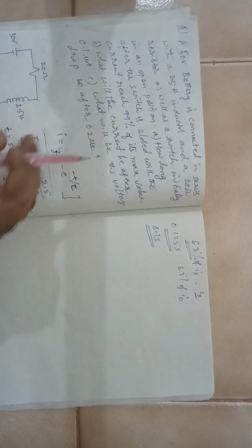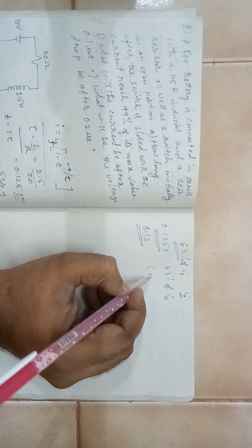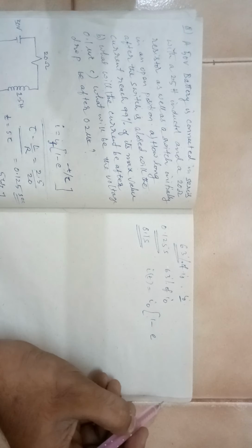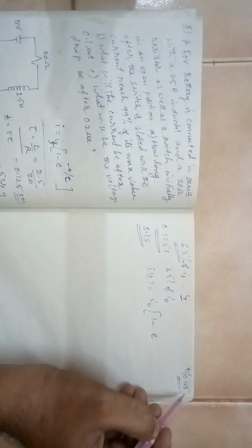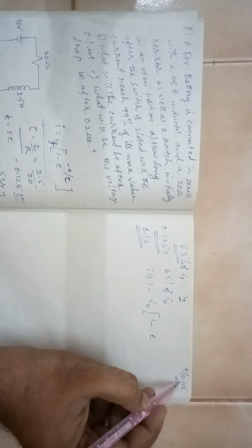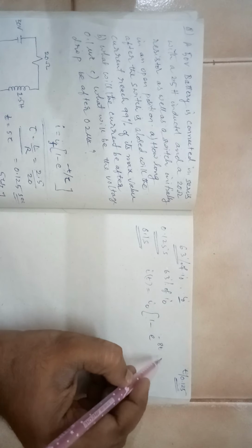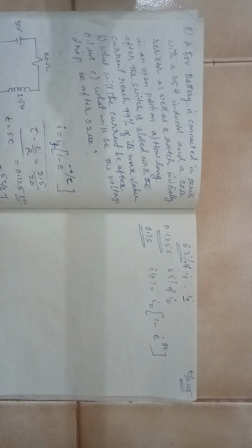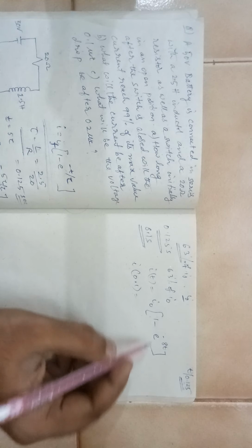If you want to find out, we have to take this time expression. We have seen that I of t is equal to I0 times 1 minus e power minus t divided by 0.125. It is nothing but 1 divided by 0.125 is 8, so this is e power minus 8t. Now at 0.1 seconds we need to put t is equal to 0.1 seconds.